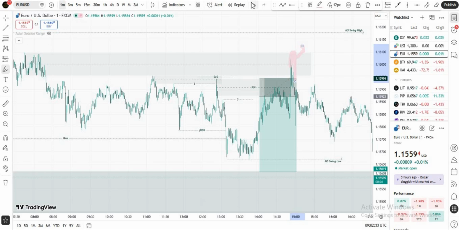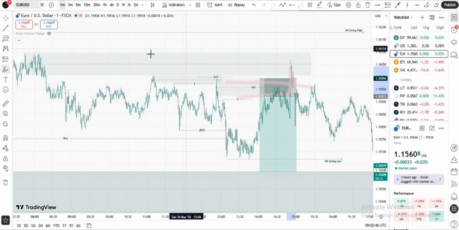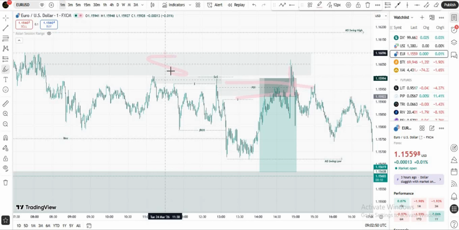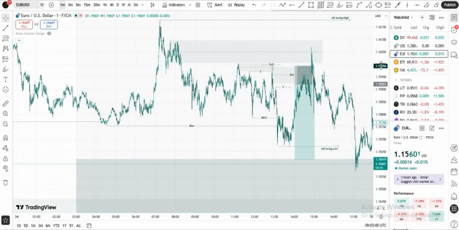But you see, immediately price grabbed this POI zone, it goes up and starts ranging down and surging down. That means price has fueled the order. Price has grabbed enough liquidity that will cause price to collapse, right? So that was the mistake.